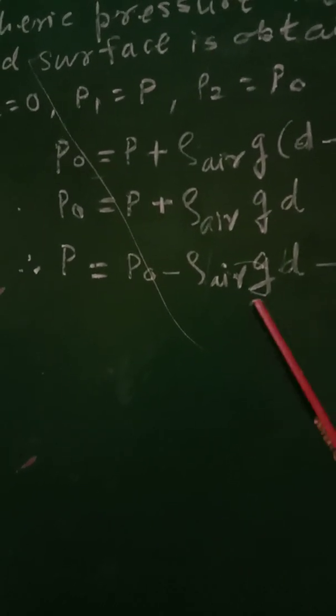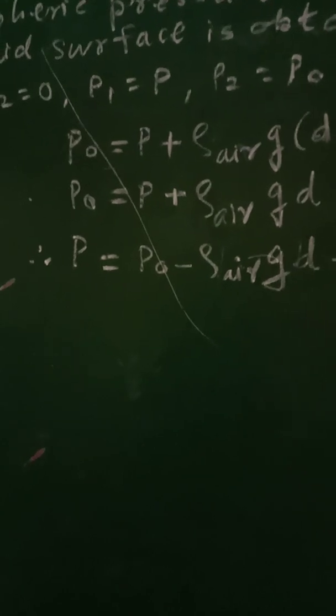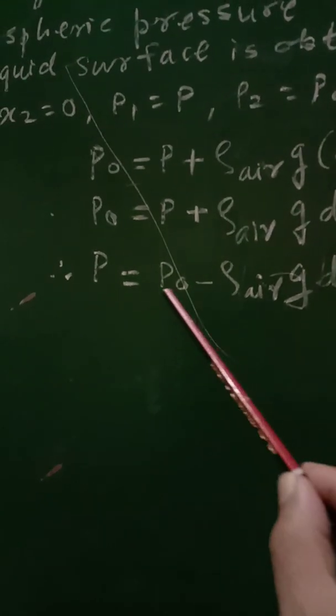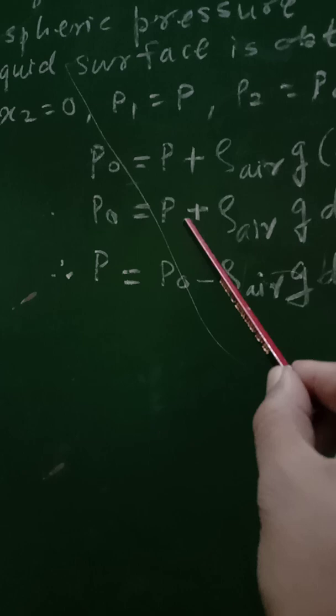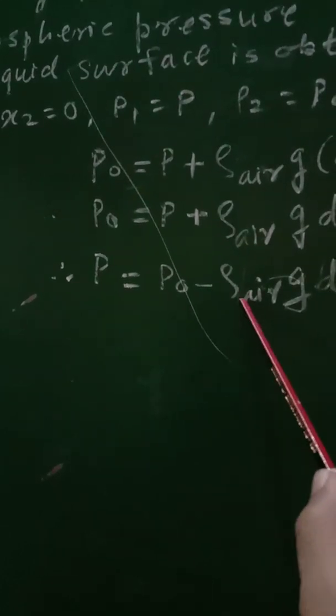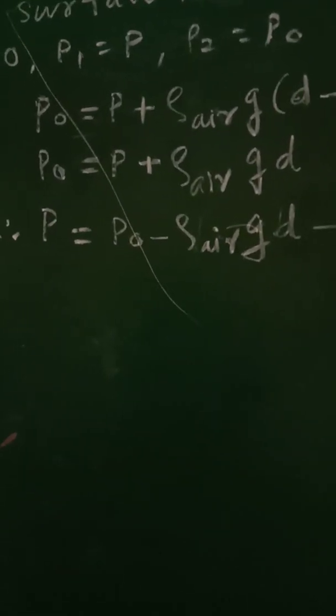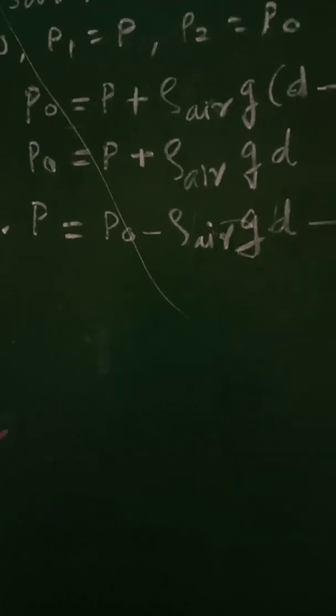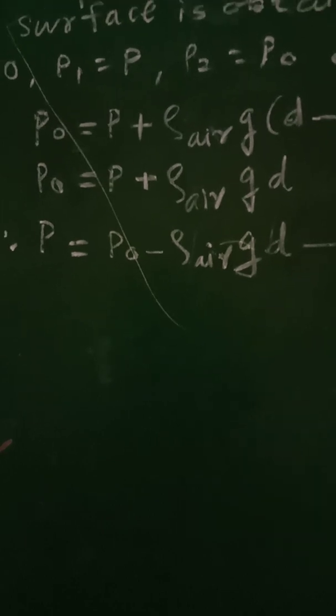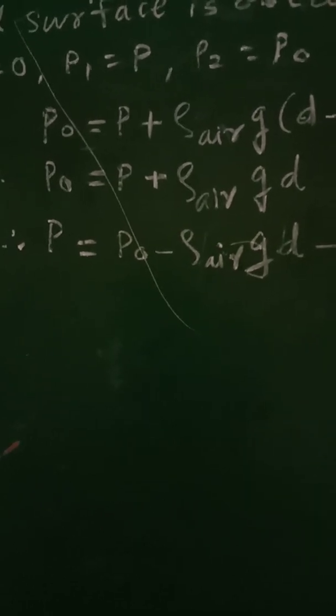Then if we write the expression, P will be equal to P0 minus rho air g d, equation number 6. So this equation will be used to find the atmospheric pressure at a distance d above the liquid surface.